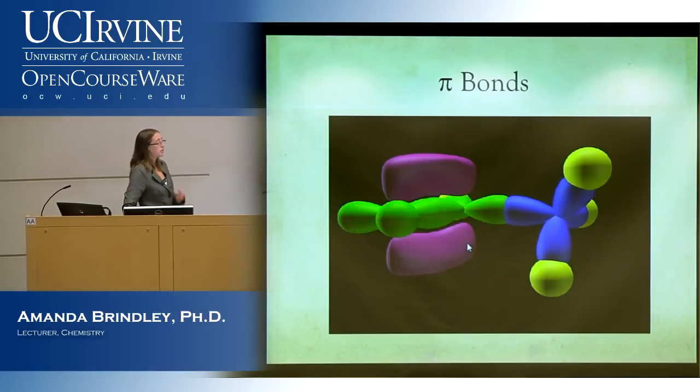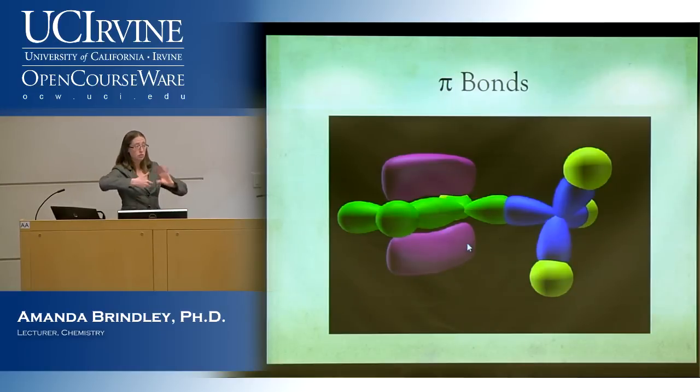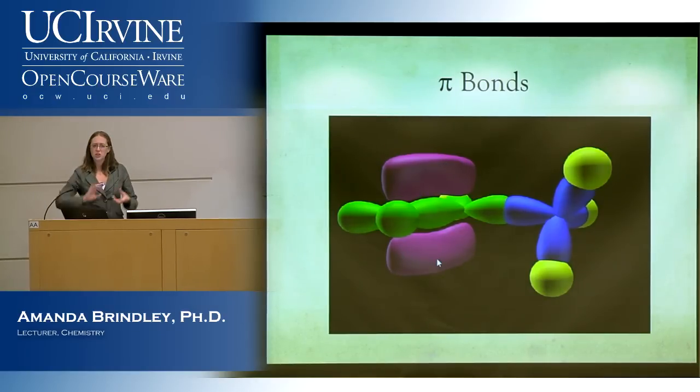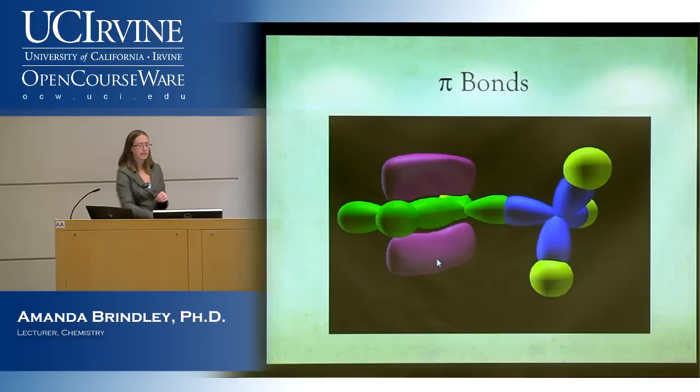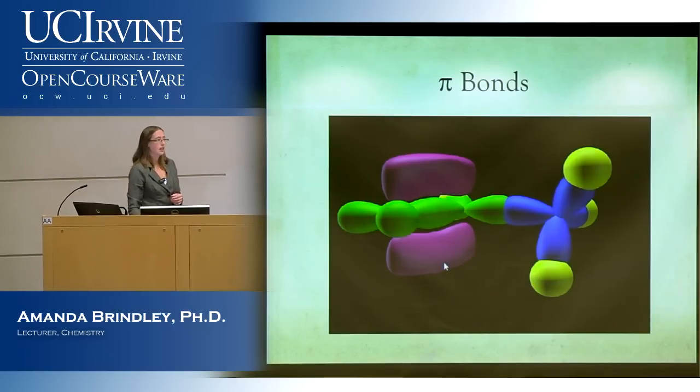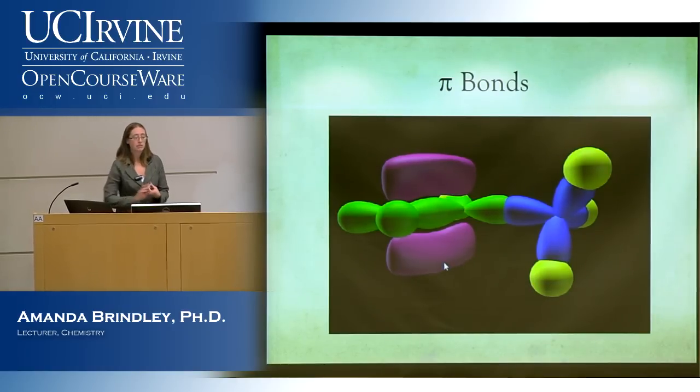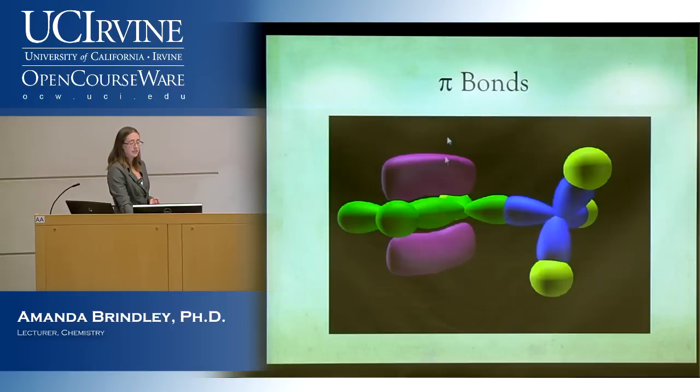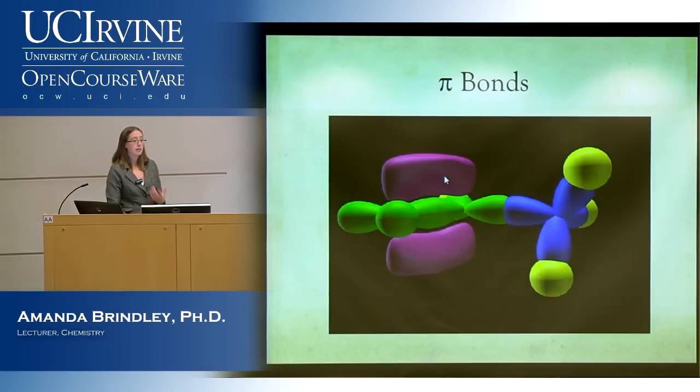Now, I talked about the other ones being rotatable, right? Look at this one with this double bond system, where you have this single bond and then the pi bond making your double bond. Does that look like you could just rotate it, or would it get stuck? It would get stuck, right? So that's why if you have a double bond, you can't rotate it. Double bonds won't rotate.